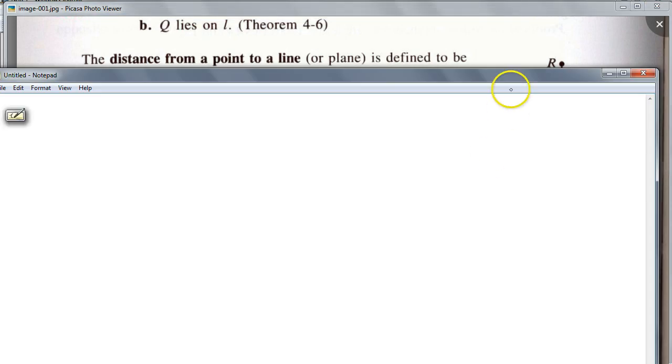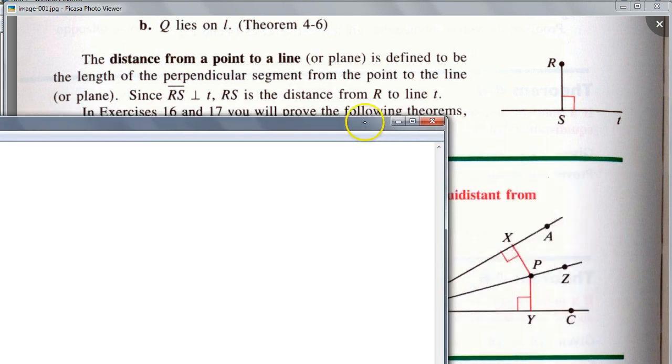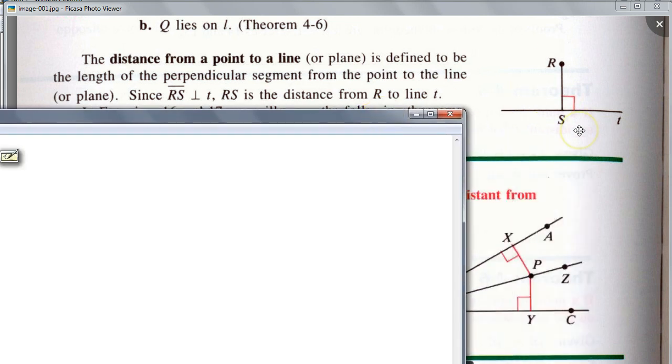Write this down because this is important and it will come back later. So here's a picture also. How do we define a distance from a point to a line? Well, this is defined to be the length of the perpendicular segment from the point to the line. Or if you're talking about a plane, it'll be the perpendicular segment from a point to the plane.